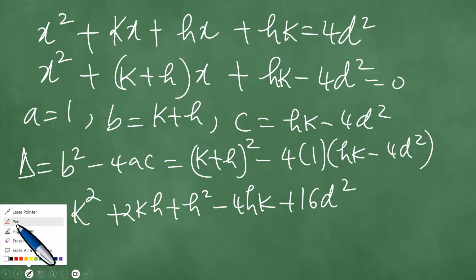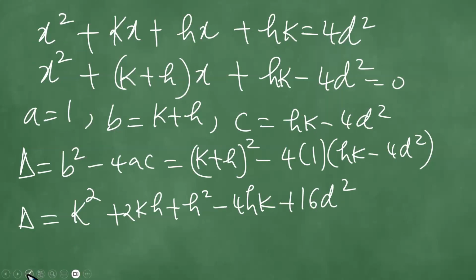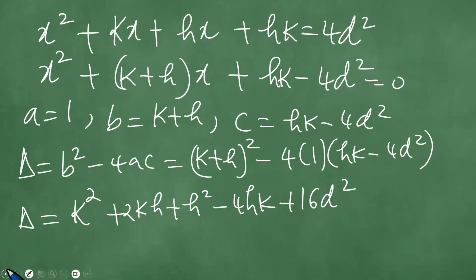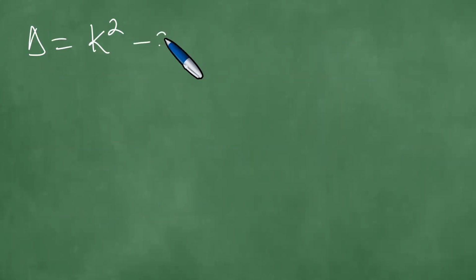So now what we have is that delta is k squared. Now you have 2kh minus 4hk. These are like terms and they give minus 2kh.